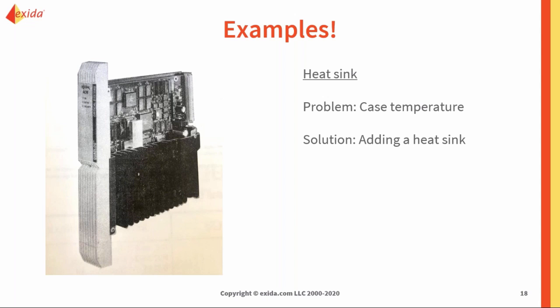So what the engineers did for this module, they designed it to almost have a thermal short circuit between the processor case and this massive heat sink. And after altering the design, their junction temperature actually sank about 25 degrees Celsius, which is a pretty big deal. And it eliminated a lot of the failures due to those high temperatures.